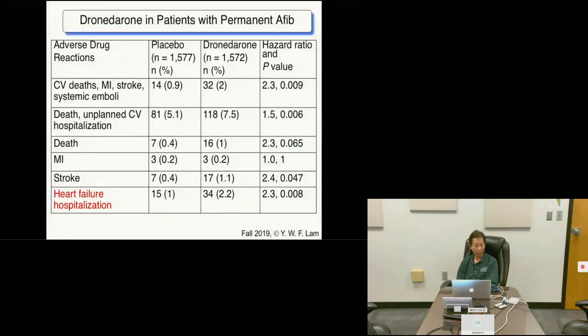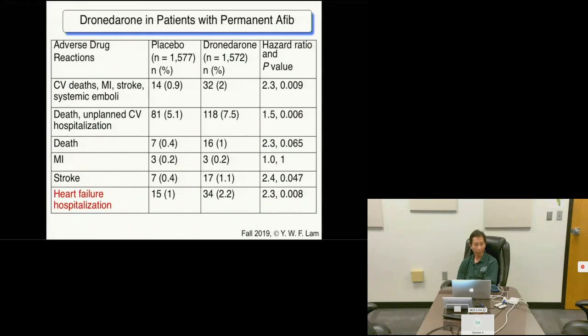And the next table, which is now shown in this slide, essentially I want to draw you down to the very last row, which is hospitalization as a result of heart failure in patients who receive dronedarone. You can actually see that there's a huge statistically significant difference between patients who receive placebo versus patients who receive dronedarone.